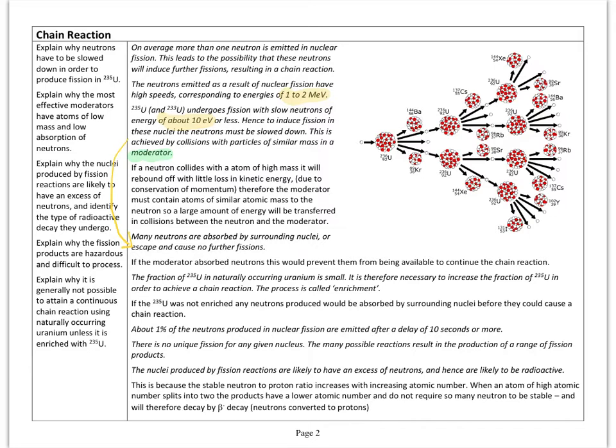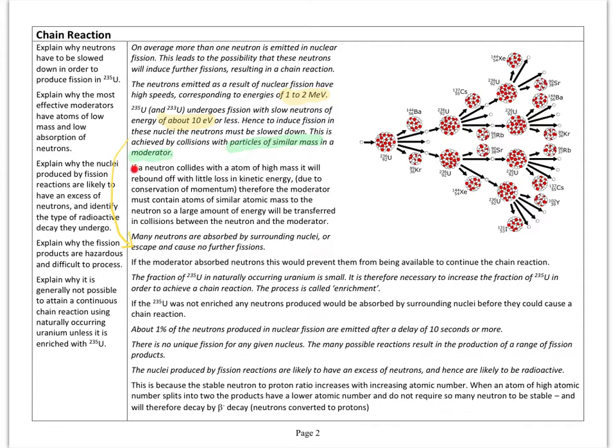Now, it's important though that this moderator have particles or atoms of a similar mass to a neutron, because what we know from conservation of momentum is that if these neutrons collide with a large atom, they will bounce off with very little loss of speed and therefore very little loss of energy.